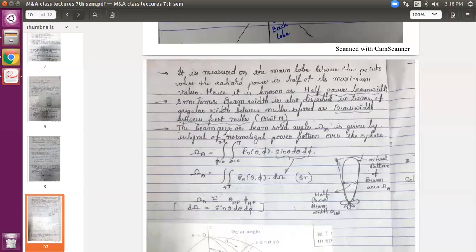The beam area, this omega suffix capital A, beam area or beam solid angle, is mathematically given by a double integral, a surface integral, of the normalized power, into sine theta d theta d phi, and P is kept as it is.